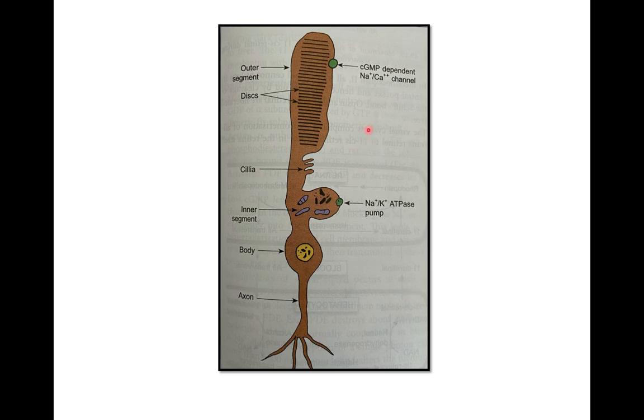Here you have to remember one or two things. One is the cyclic GMP dependent sodium and calcium channel, and another is the sodium potassium ATPase pump. This particular channel has a role in the visual process that we will understand by the Wald visual cycle.